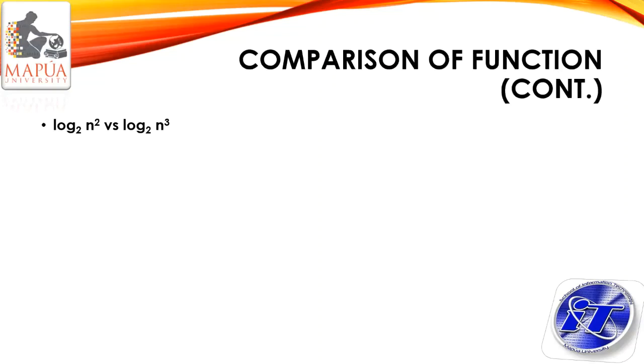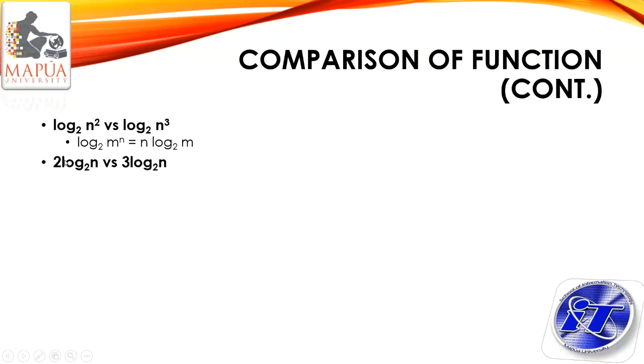Another example. Log n squared versus log n cubed, which is better? So just a review about our math, we could rewrite this log n squared as 2 log n. So we're going to use this form to compare the two given notation. So let's rewrite.